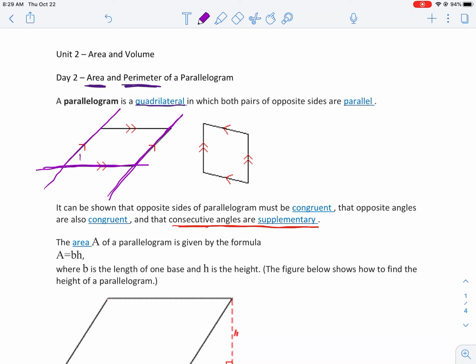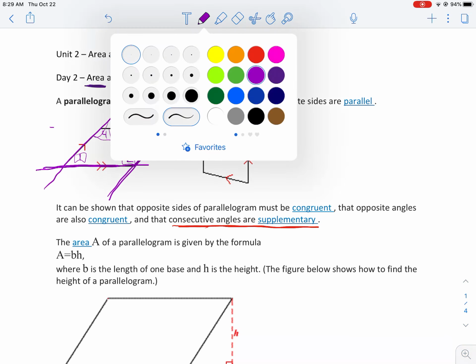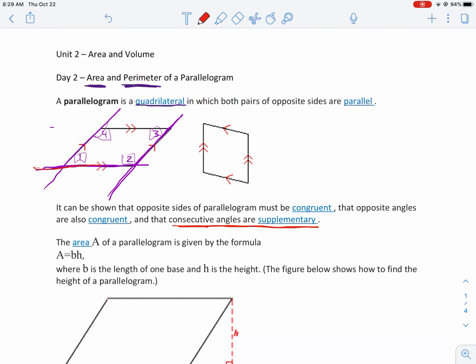So if I had 1, 2, 3, and 4, our consecutive angles would be 1 and 2, 3 and 4. And then if I had these parallel lines going this way, well, then my consecutive angles would be 2 and 3 and 1, 4.